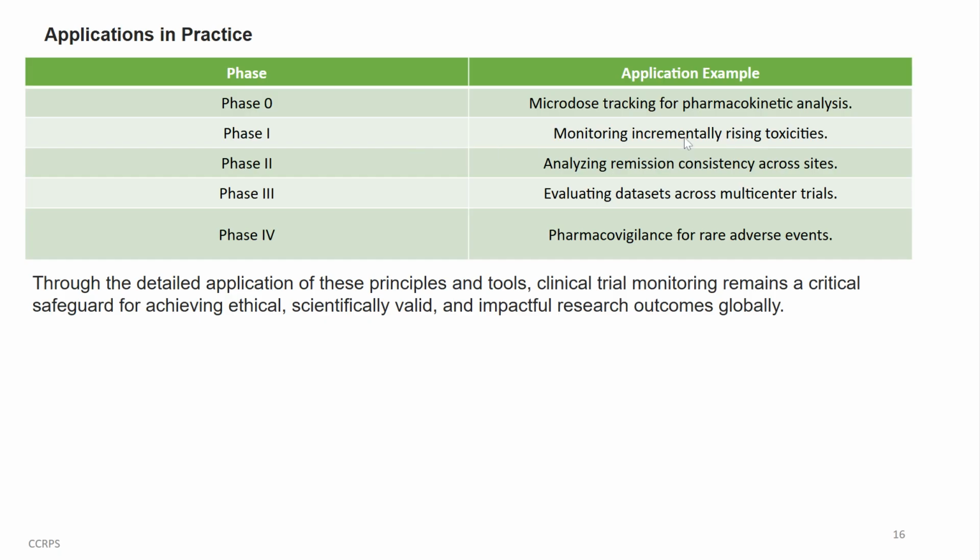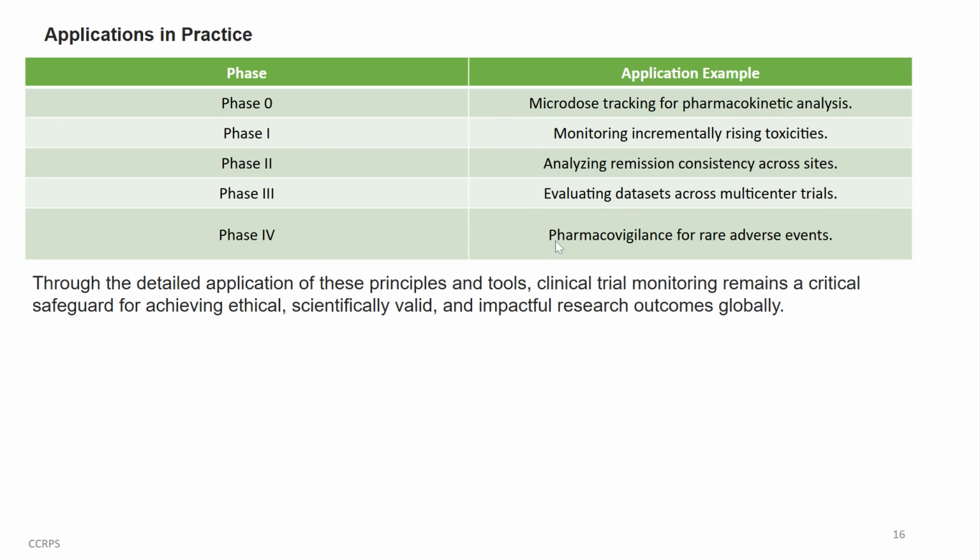Phase 1, monitoring incrementally rising toxicities. Safety, right? Phase 2, analyzing remission consistency across sites, the efficacy. And phase 3, both safety and efficacy, but on bigger sampling, comparing and evaluating datasets across multi-center trials.